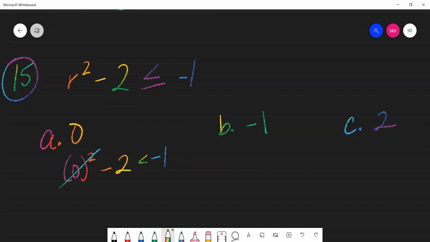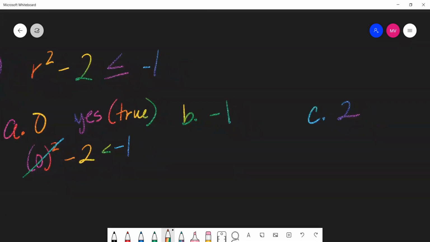Yes. So A is true. All right. So B is -1. Sorry, I forgot the equals to. Less than or equal to -1. What's -1 times -1?